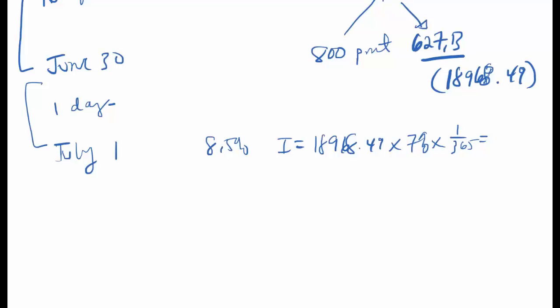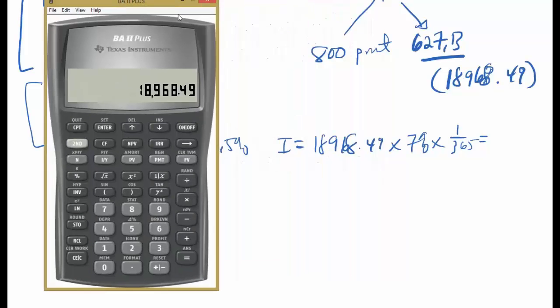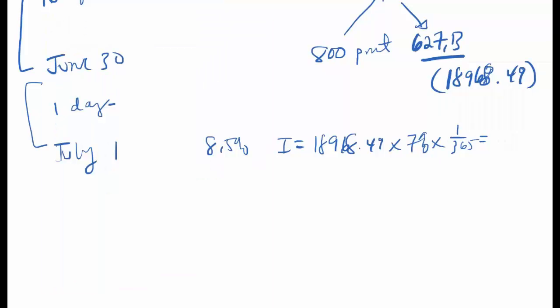And let's do that. 18,968.49 times 7% times 1 divided by 365 equals $3.64. I'm going to store that in case I need it later, which I will. $3.64 for that one day.